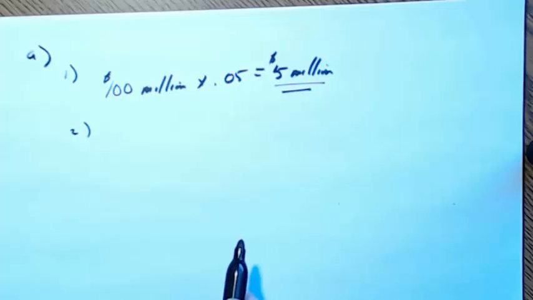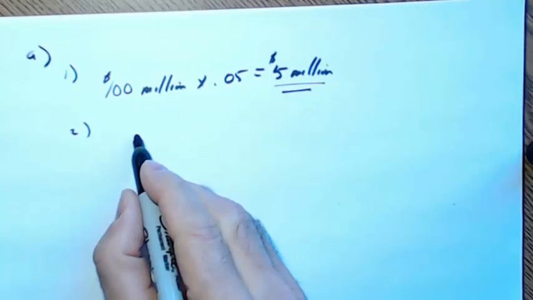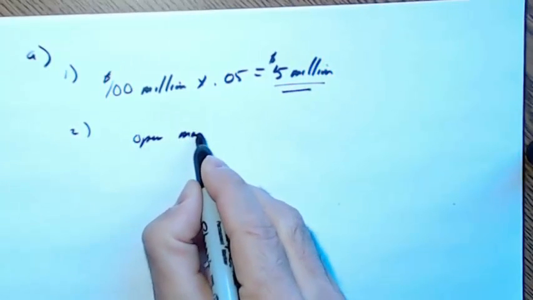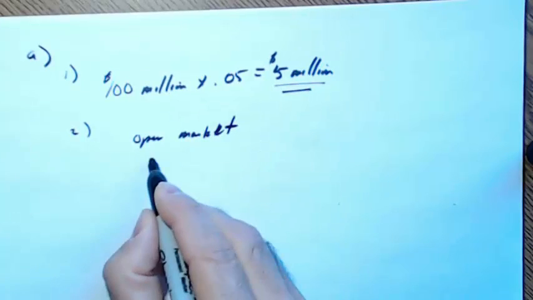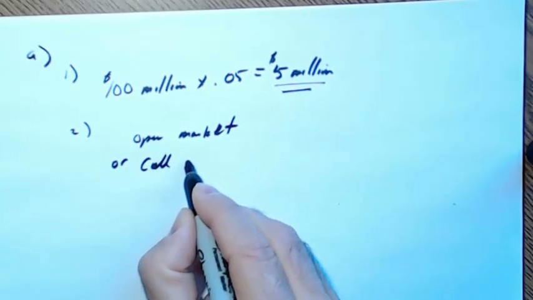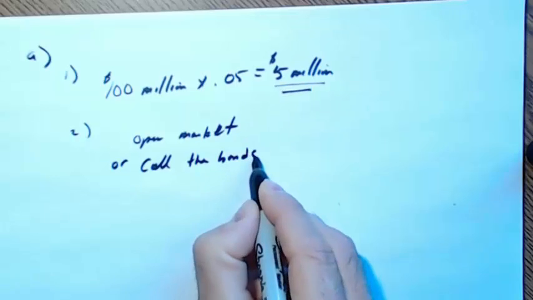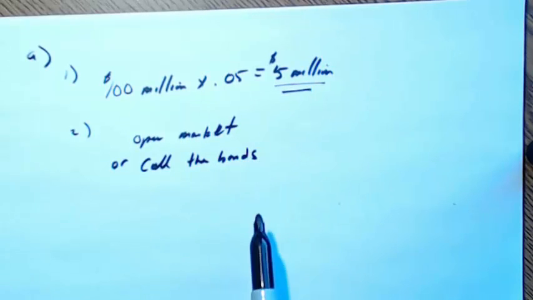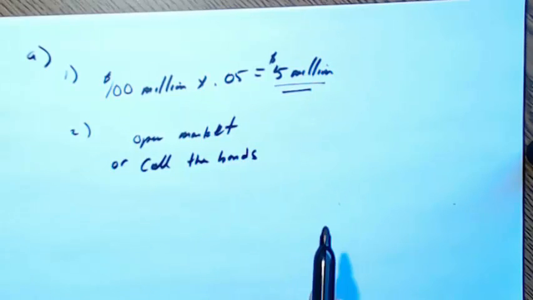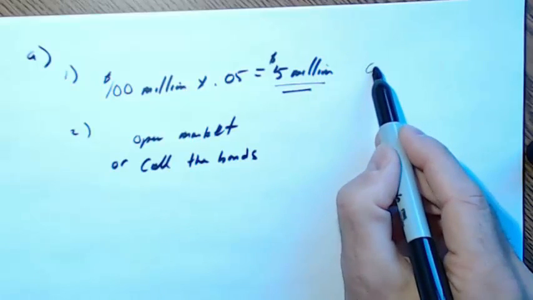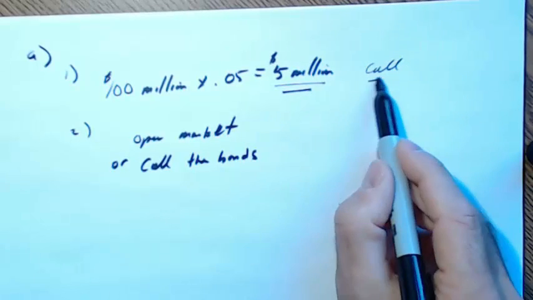Okay, and what that means is it has a choice. It can redeem the bonds in the open market, or call the bonds, whichever is cheaper. Now, the call option costs $5 million.